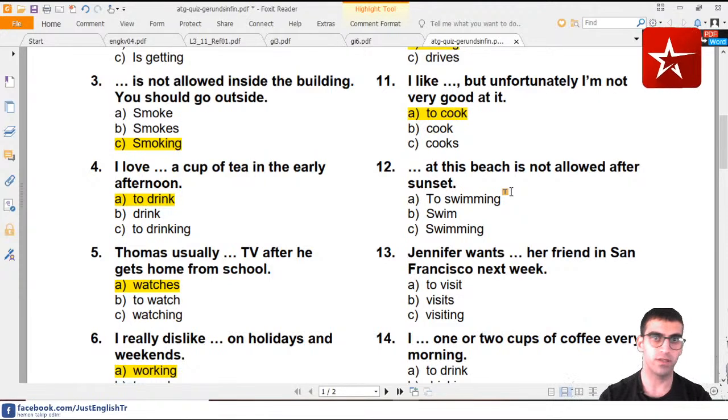And 12. To swim or swimming at this beach isn't allowed after sunset. So here, as you see, we have to use a gerund as a subject of the sentence.